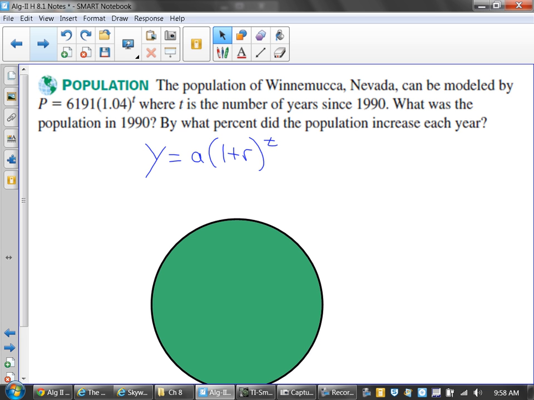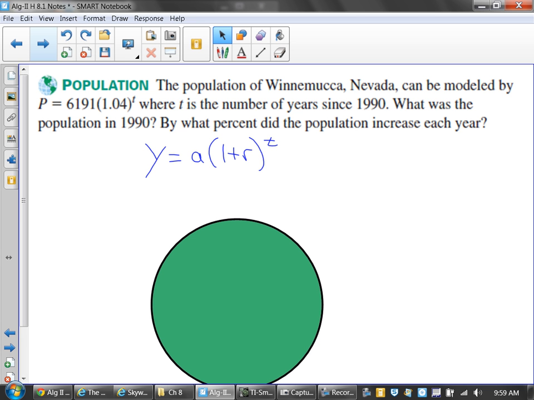It's modeled by the population function 6191 times 1.04 to the t, where t is the number of years since 1990. So t is 0 at 1990. If it's 2013, what would t be? 23. Well, it's 2014, so it'll be 24. That's the kind of thing you need to be able to do.